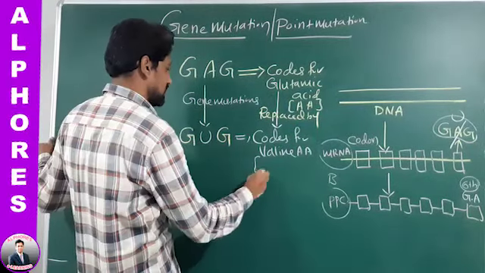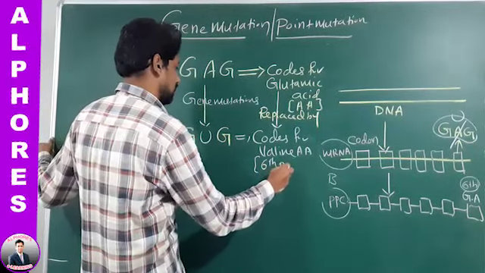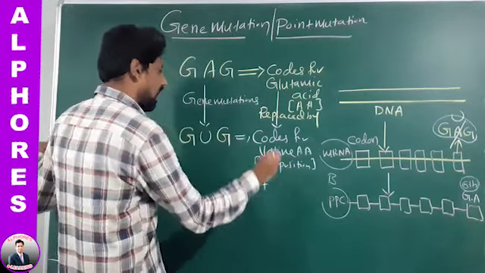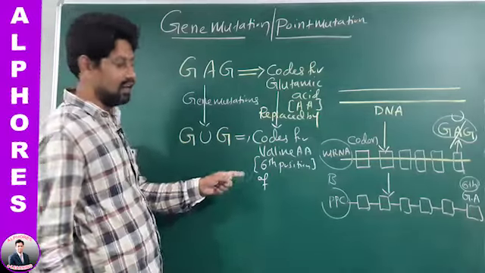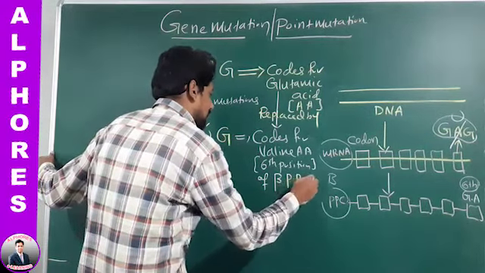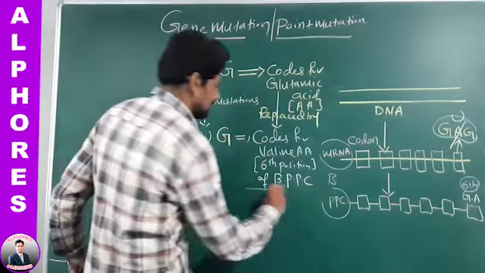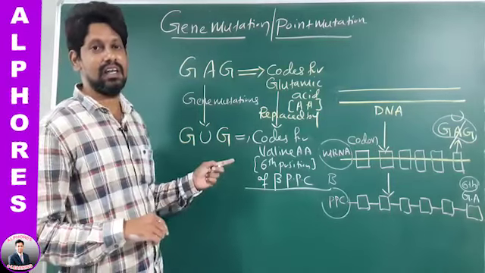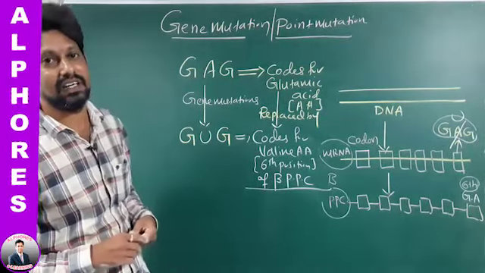At which position? Sixth position of the beta polypeptide chain, which results in sickle cell anemia.